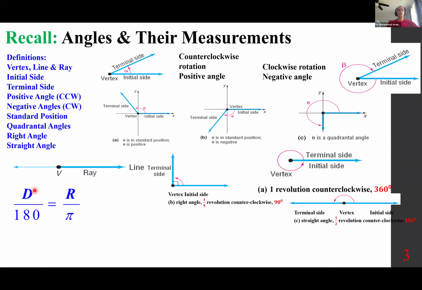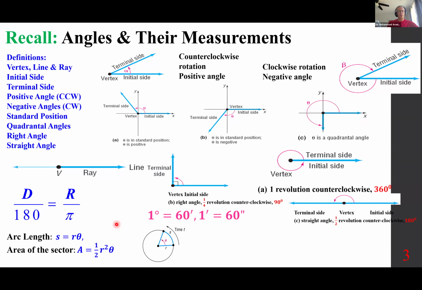The relationship between degrees and radians: D over 180 is R over pi. 1 degree is 60 minutes. 1 minute is 60 seconds. And we have the arc length s equals r theta. The area of the sector, a portion of a circle, is one half r squared theta.